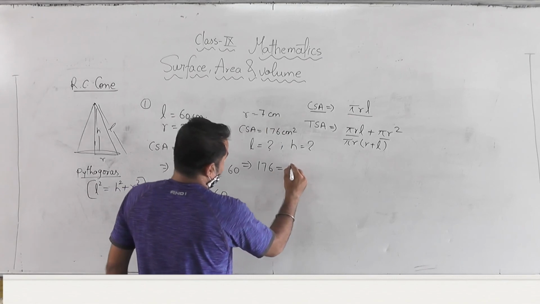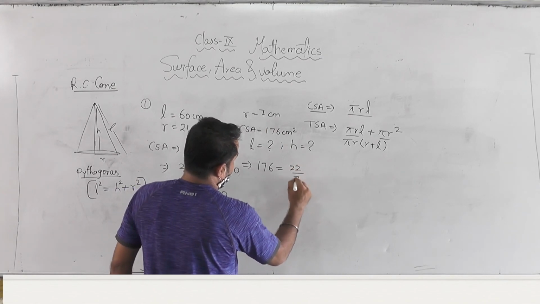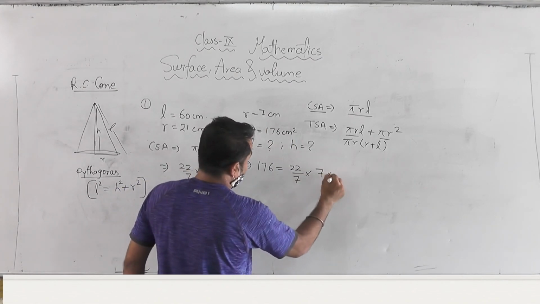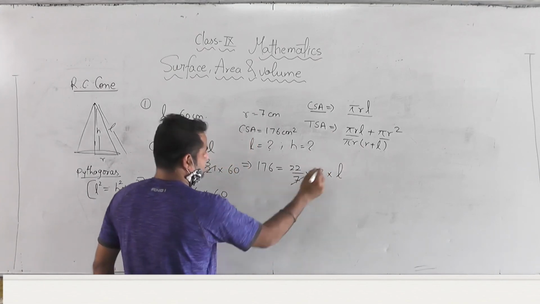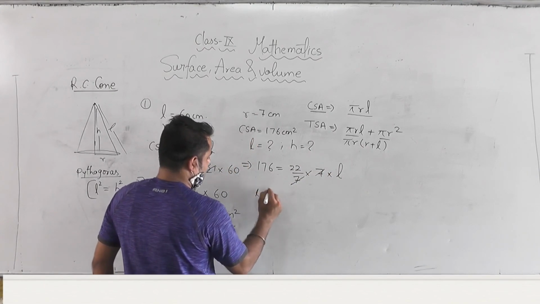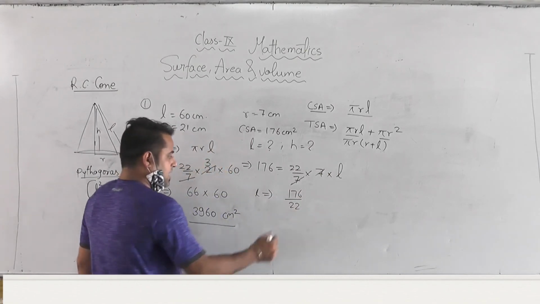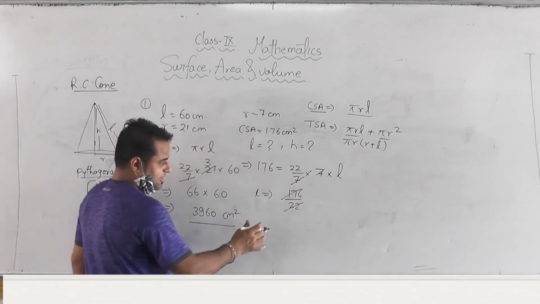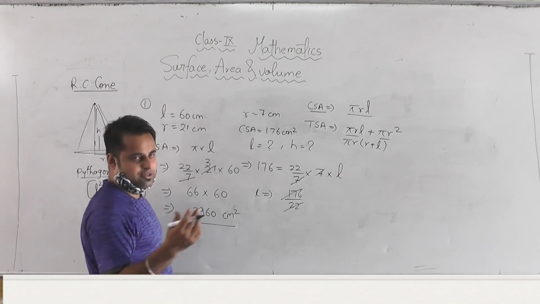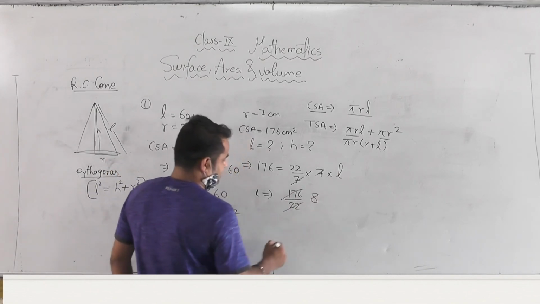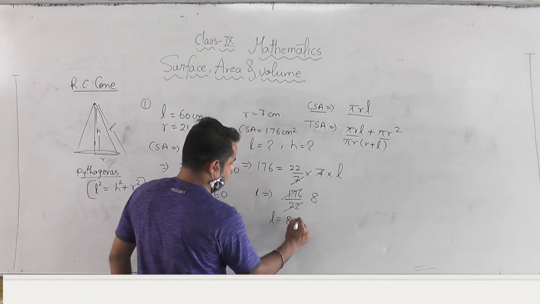Pi we put as 22 by 7, R is 7, L we need to find. 7 gets cancelled, and L becomes 176 by 22. You can divide by 22, or by 2 and 11 separately, and you get 8. So the slant height comes as 8 cm.